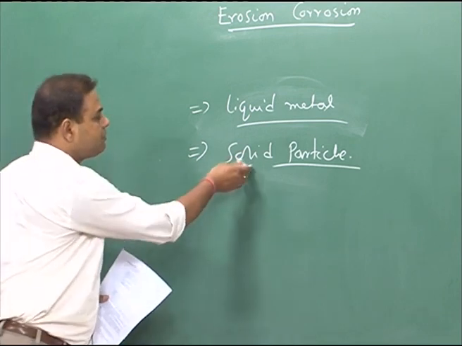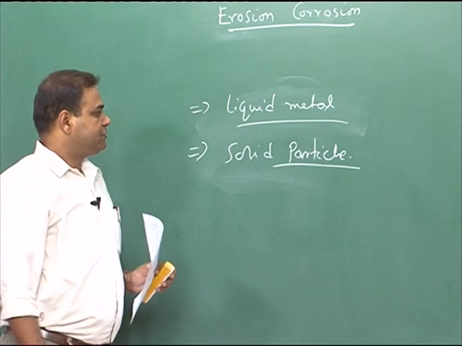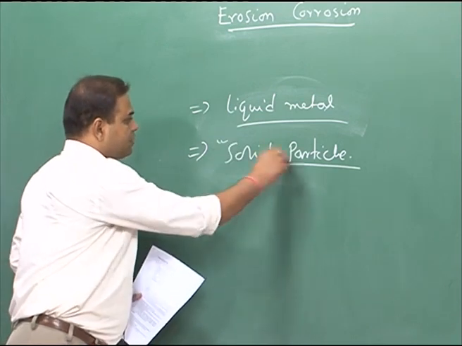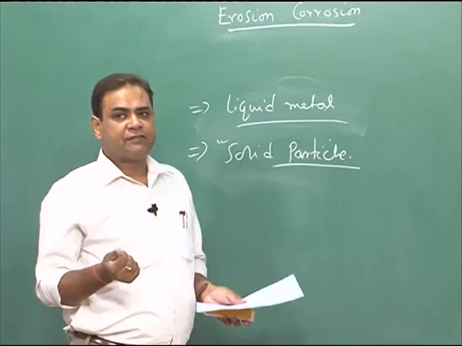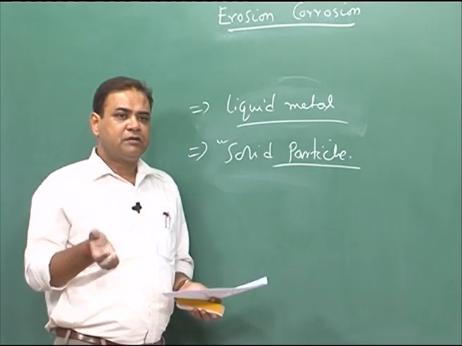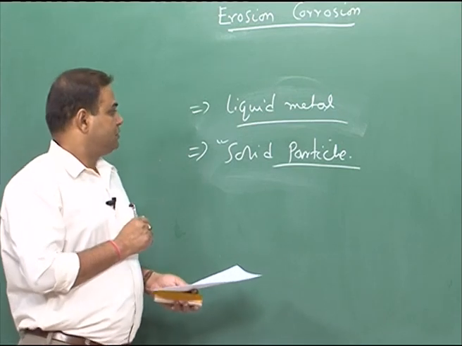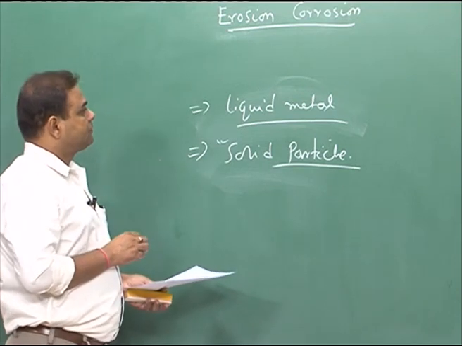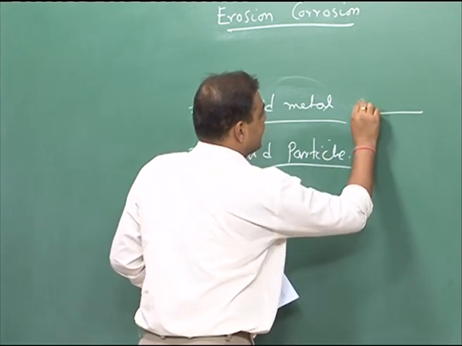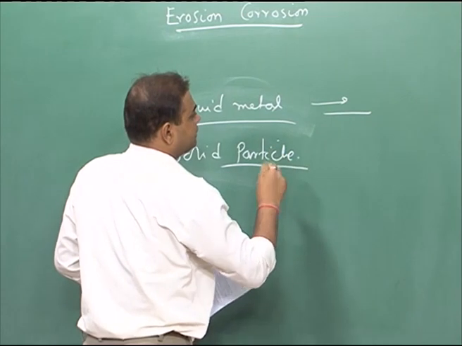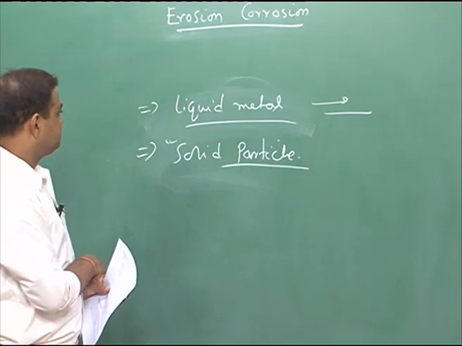If it is a passivating metal, the solid particles can damage the passive layer, and before the passive layer forms, a very high degree of corrosion is possible. And if we have a moving hot gas, that could also lead to erosion corrosion.